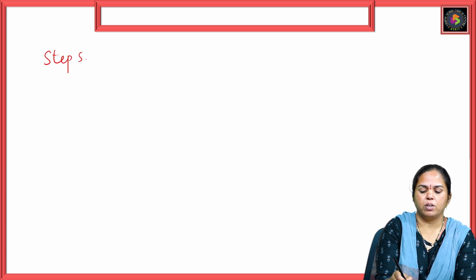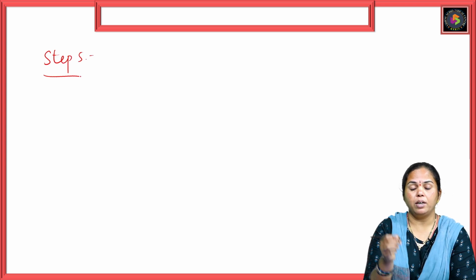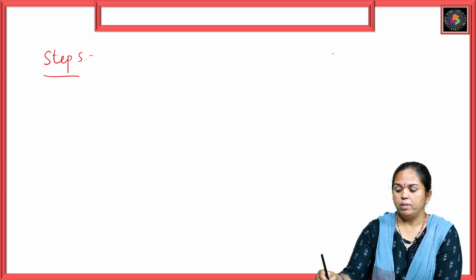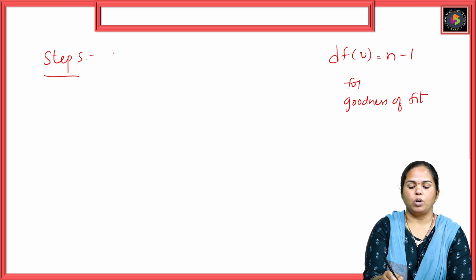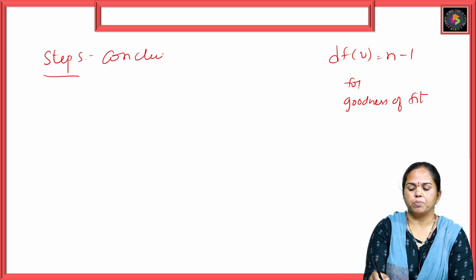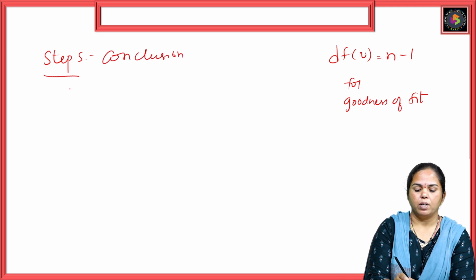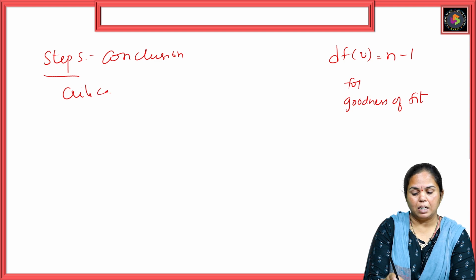Step 5, if the problem is a goodness of fit, then the degree of freedom nu equal to n minus 1 for a goodness of fit problem. So conclusion. Next, critical value.